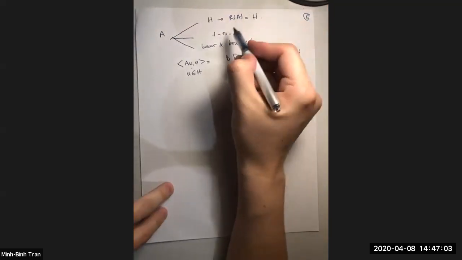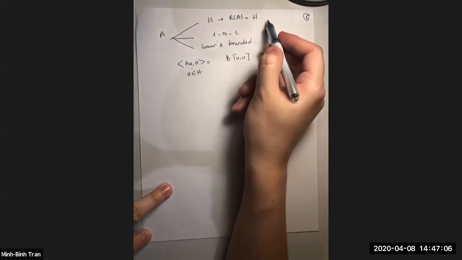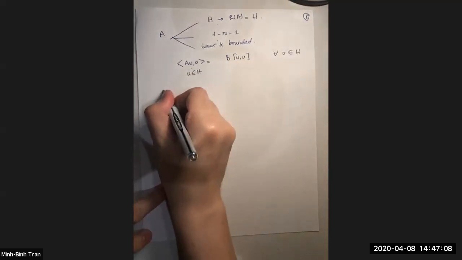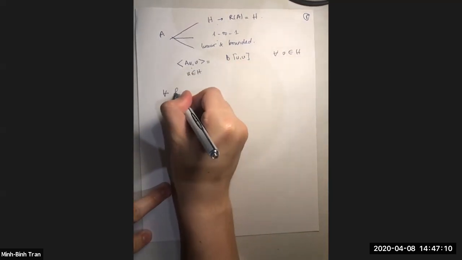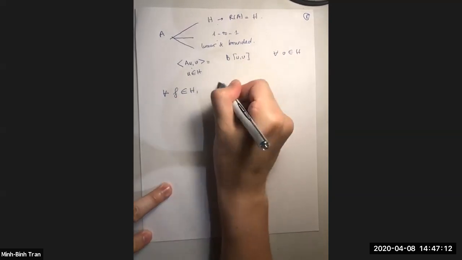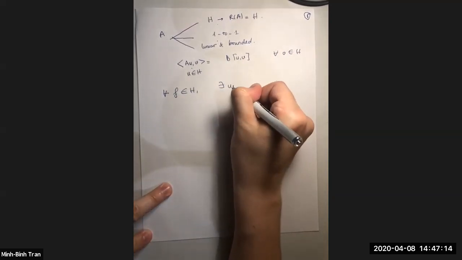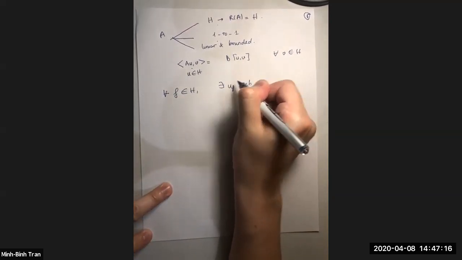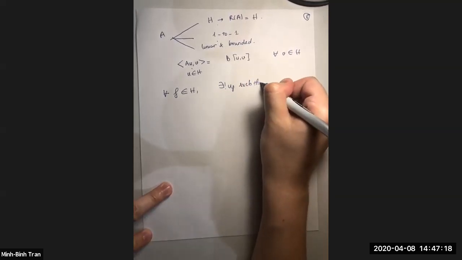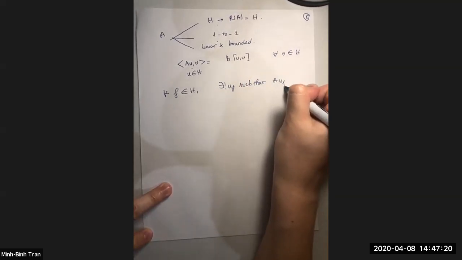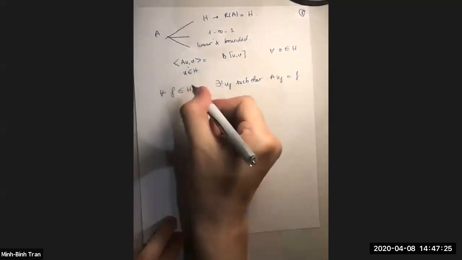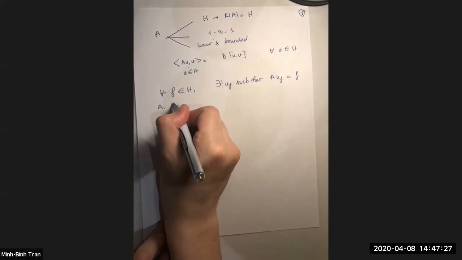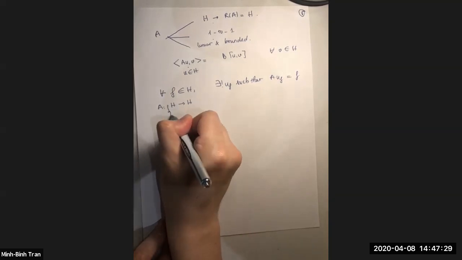Because A is 1 to 1 from H to H, this means that for all of the f in H, there exists a unique uf such that A of uf is equal to f, right?